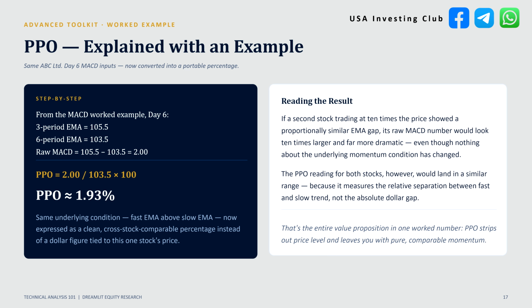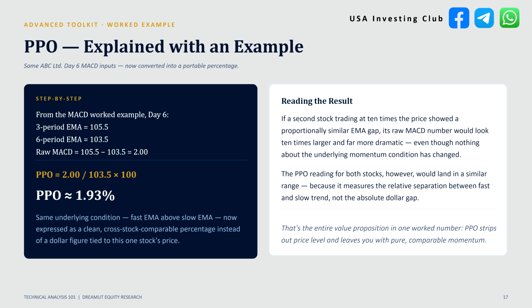To convert that into PPO, divide by the slow EMA and multiply by 100. 2.00 divided by 103.5 times 100 equals approximately 1.93%. That's the exact same underlying condition, fast EMA sitting above slow EMA, now expressed as a clean cross-stock comparable percentage instead of a dollar figure tied to this one stock's price.